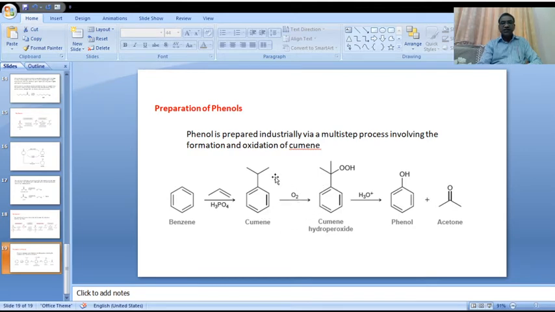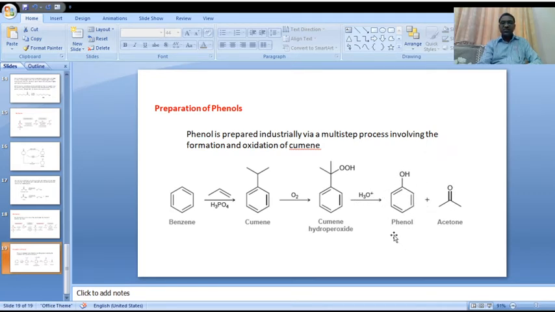Cumene on oxidation is converted to cumene hydroperoxide. This is the peroxide functional group attached to the chain. Cumene hydroperoxide on acidic hydrolysis gives phenol, the final compound.